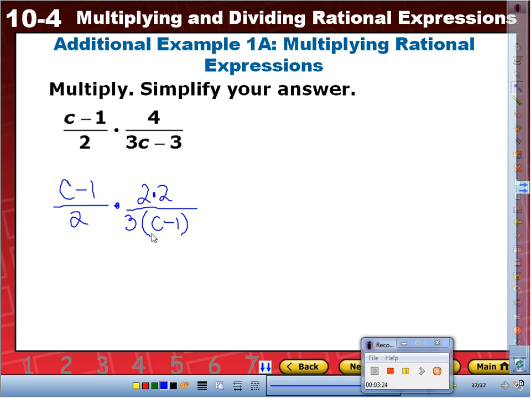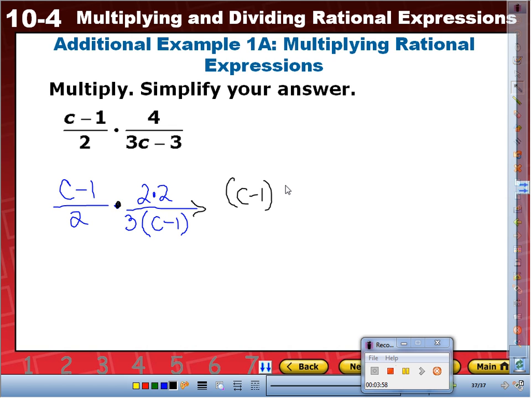Can I simplify this fraction anymore? No. Now we get into multiplication. A fraction times another fraction. That means this times this. Pay attention, please. I'm not going to distribute it into each term. What I am going to do is write these as factors. (c minus 1). Why did I put parentheses? Because what operation is this?